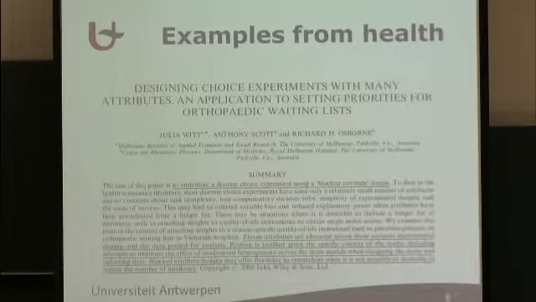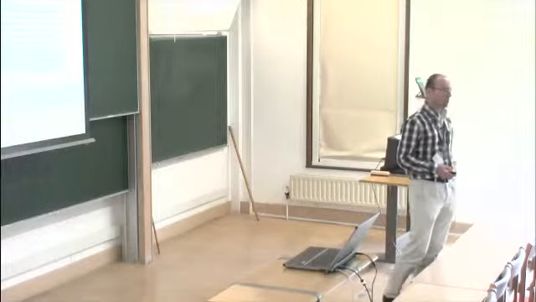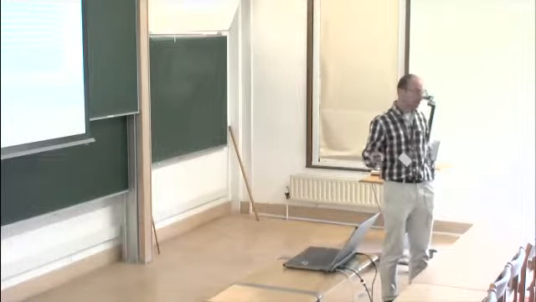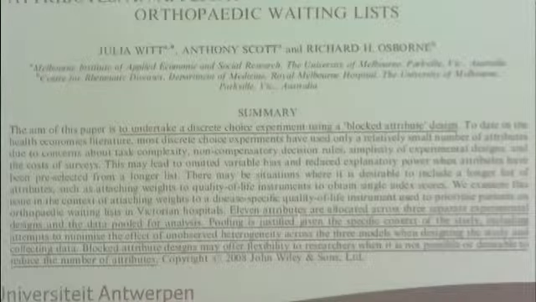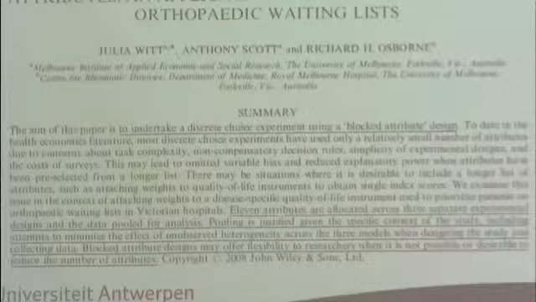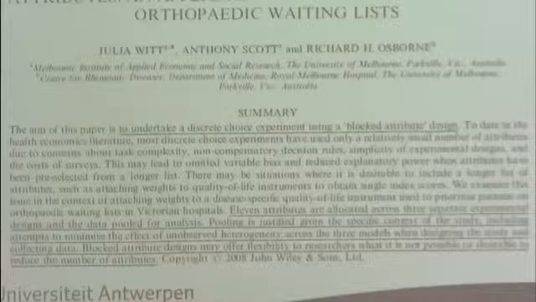In this paper, the researchers carry out a discrete choice experiment using a so-called blocked attribute design. What they mean by that blocked attribute design is basically that they have 3 different choice experiments. In total, they wanted to study the impact of 11 attributes on people's preferences, on people's utilities, but 11 attributes was considered way too many.